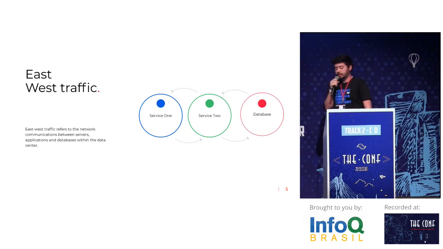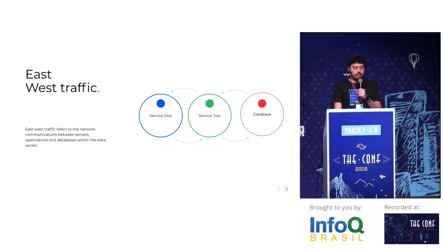In a data center, we have different directions of traffic. The first pattern that I want to talk about is the east-west traffic. East-west traffic is the traffic that never goes outside of our data center. It's the traffic between APIs and services, and between APIs and databases.